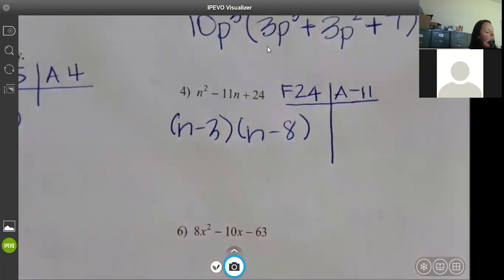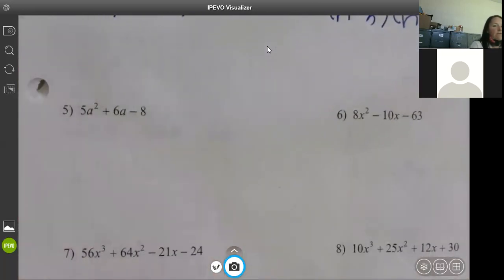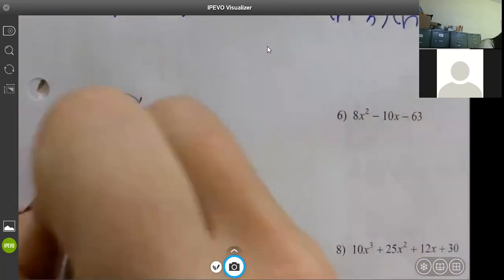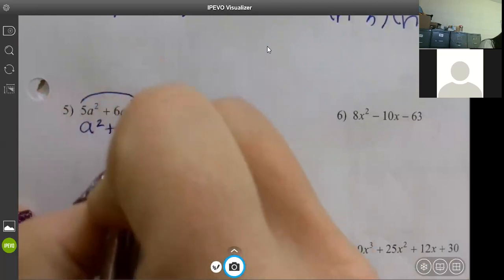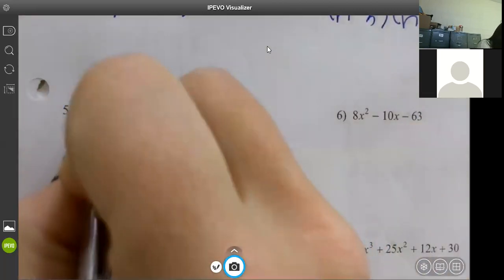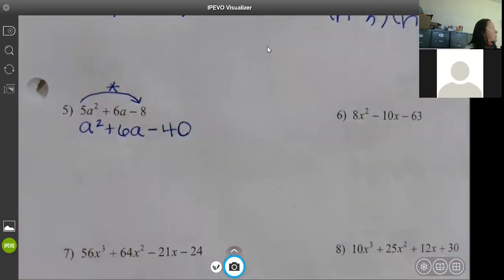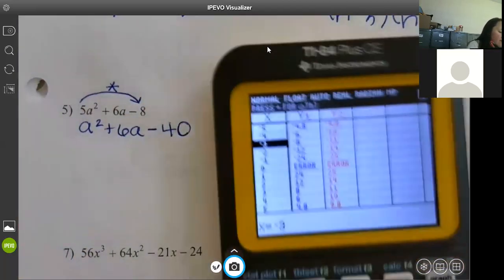Right. Number 5 and number 6 are the ones that have numbers in front, 3 terms with the numbers in front. So those are slide and divide. So when we look at number 5, we're going to slide the 5 over. We get a squared plus 6a minus, remember we're multiplying, 5 times 8 is 40. Now it's just like the other ones, but then you remember to divide on the end.